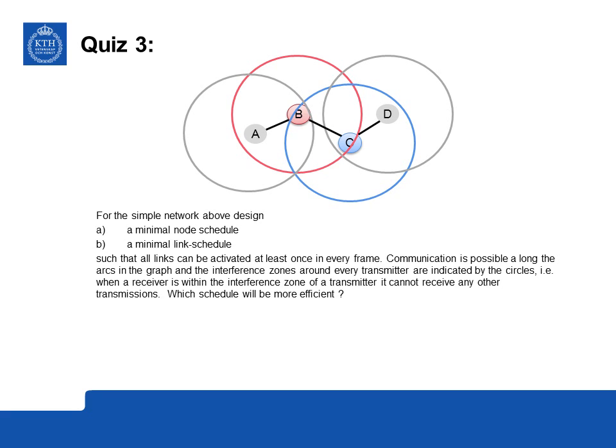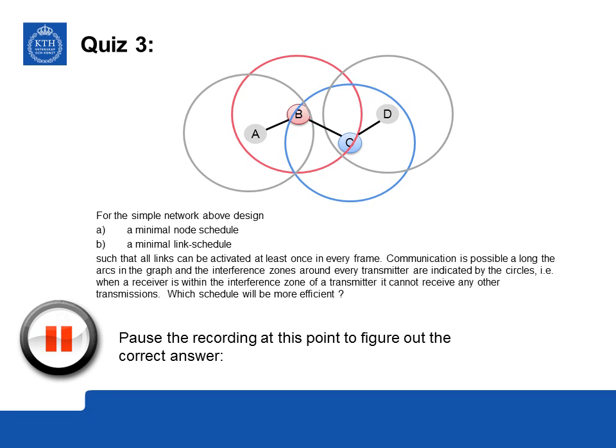And the interference situation is indicated by the circles around every node, and if a node is within the interference range of another node, there may be a collision if they transmit simultaneously. And you're also asked to determine which of the schedules will be more efficient. And as usual, you pause the recording at this point, and when you're done and have figured out the answer, then you restart the recording.